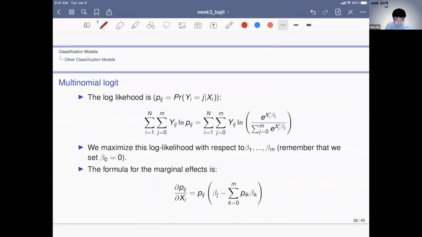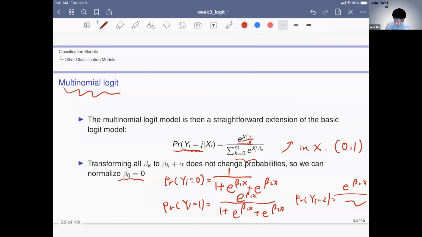And then same thing, we do maximum likelihood, so we can calculate for every observation. Let's say, again, we have 3 categories. For each observation, if it takes value 0, we use this function; takes value 1, we use this function; takes value 2, we use this function. So we can calculate the probability of observing each point in our data, and then we multiply all of the probabilities.